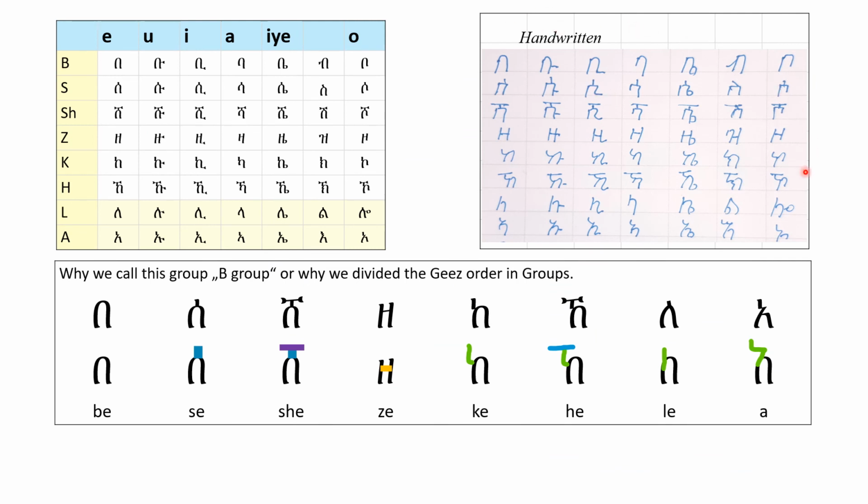Now here are the handwritten letters: be, se, she, ze, ke, he, le, a. Be is almost like B in English.